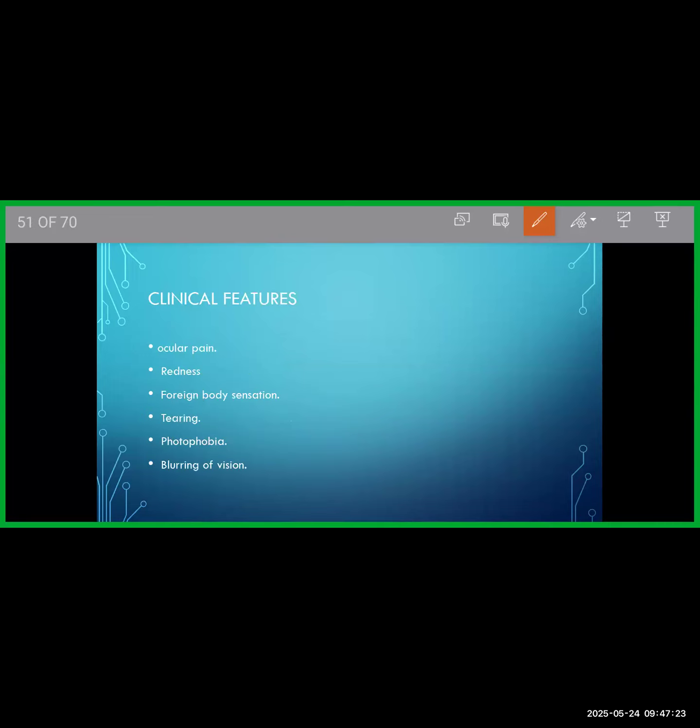Now, the clinical features are similar to those of peripheral ulcerative keratitis. The symptoms are non-specific. They usually present with pain, redness, foreign body sensation, tearing, photophobia, and blurring of vision.